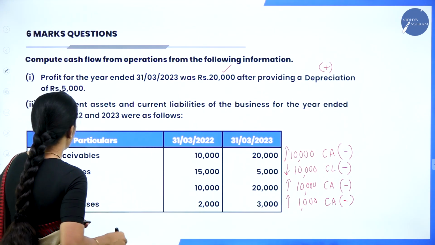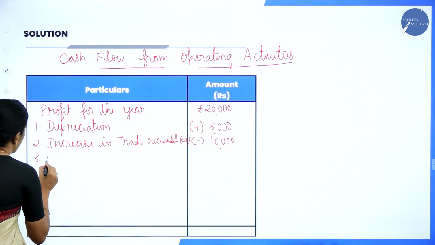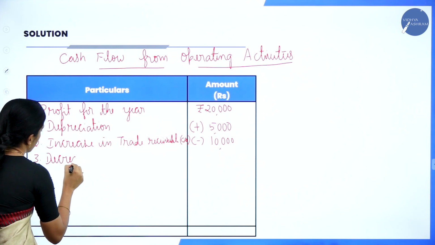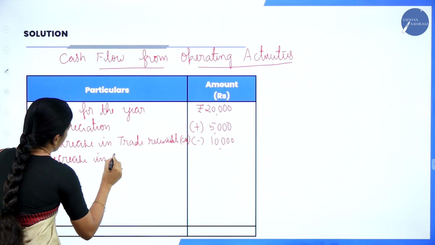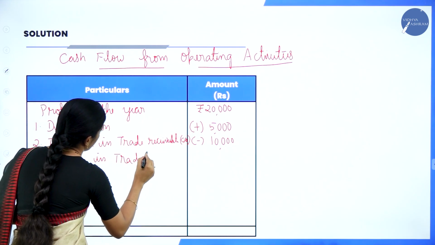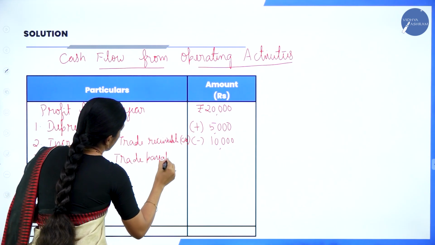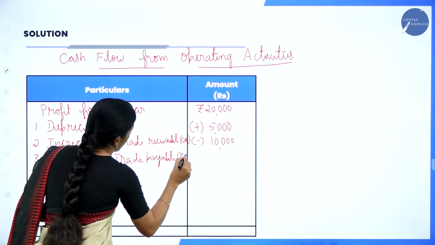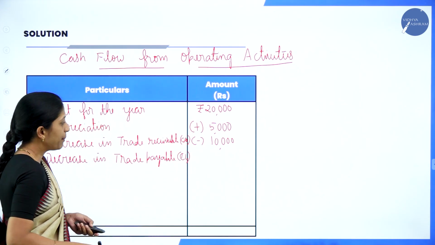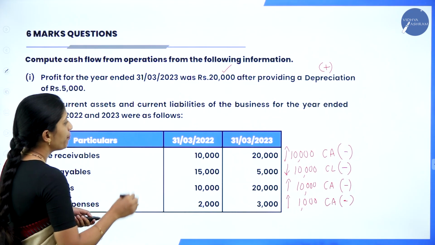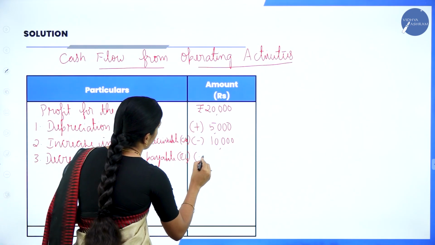Next, trade payable. Again it has decreased. Decrease in trade payable. So decrease in current liability. So current liability decreased, so minus 10,000.